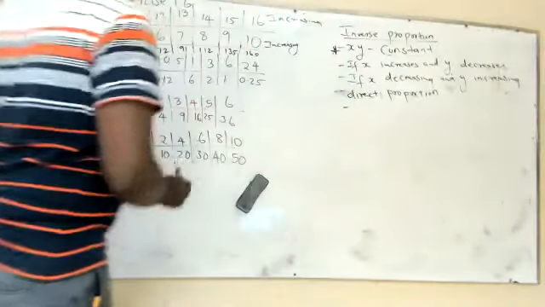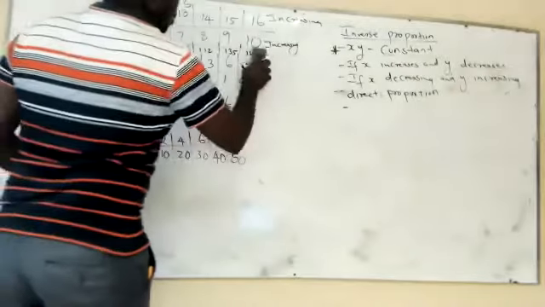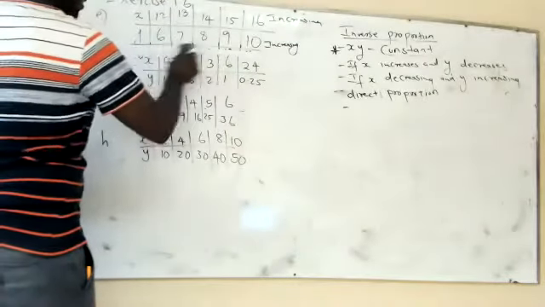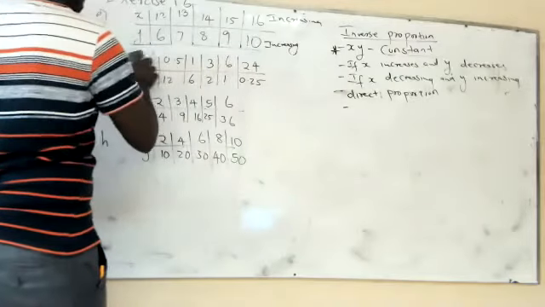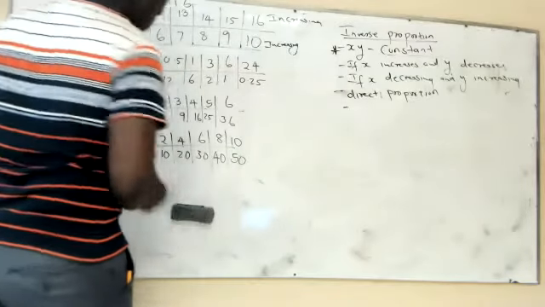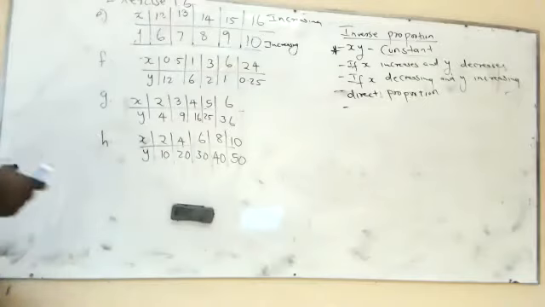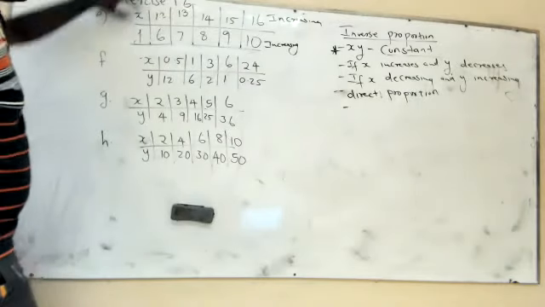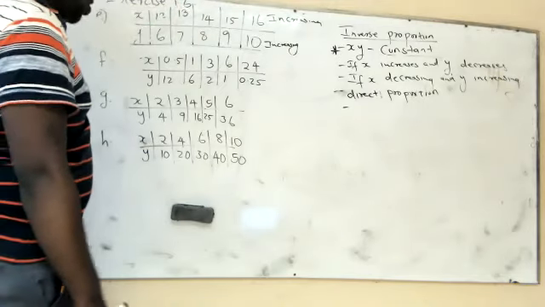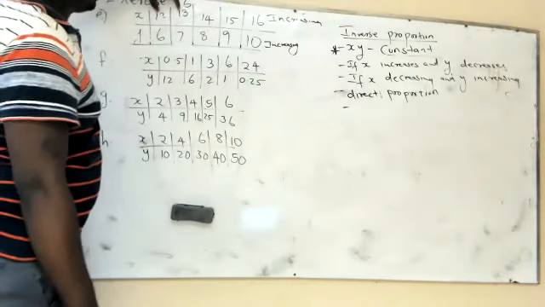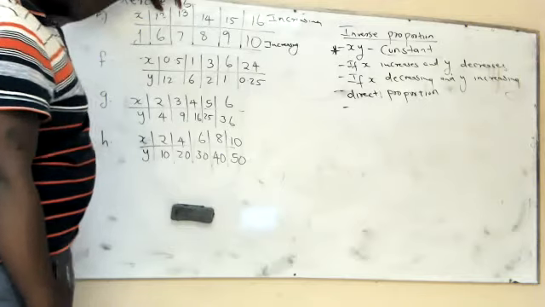Now for direct proportion, we just have to check for the constant quotient. We must have constant quotient. So let's check for the constant quotient here. You check by subtracting these values we're given.